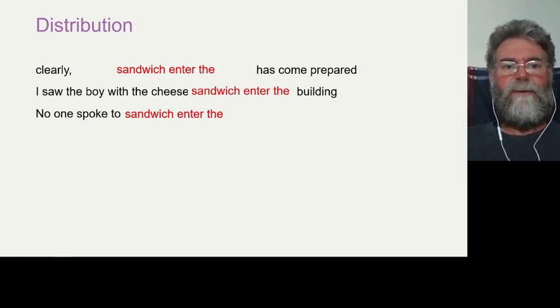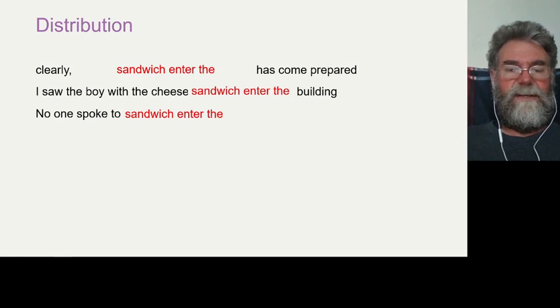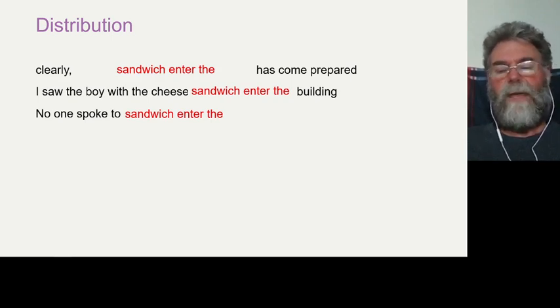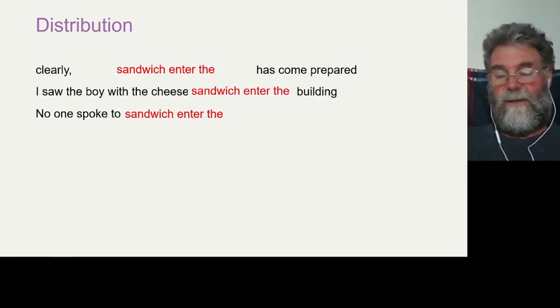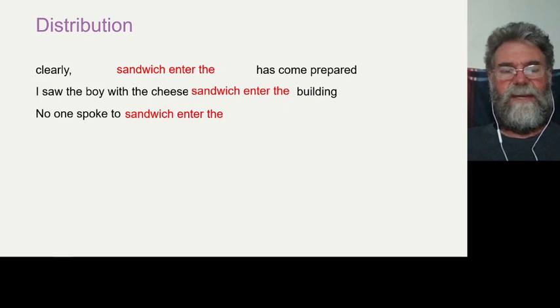Similarly, "no one spoke to sandwich enter the." So clearly this thing is not a constituent, it doesn't have distribution. So we can see how we can use distributional facts in order to argue for what is and what isn't a constituent inside a structure, and therefore learn more about what the structure of any particular phrase or sentence is.